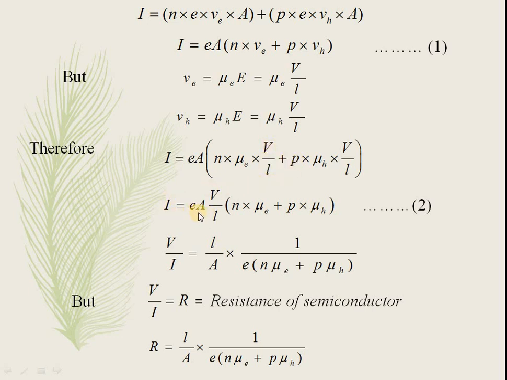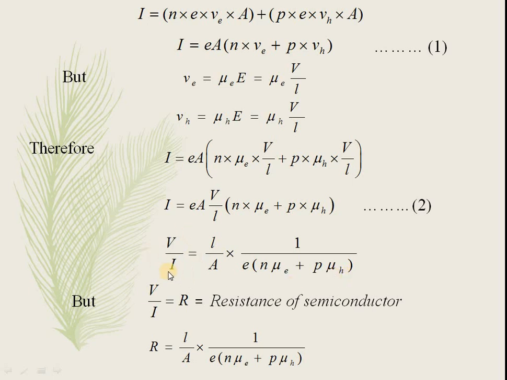So I is equal to e A V divided by L into (n mu_e plus p mu_h). We call this equation number 2. Then rearranging the terms, V divided by I is equal to L divided by A into 1 upon e into (n mu_e plus p mu_h).